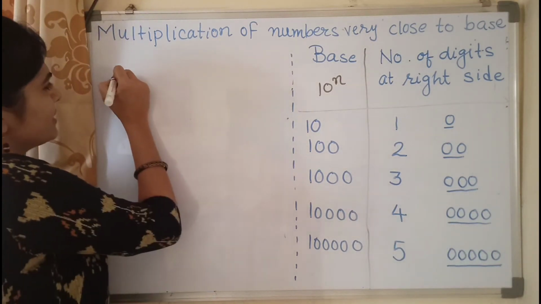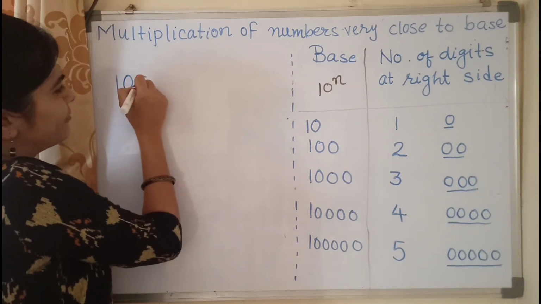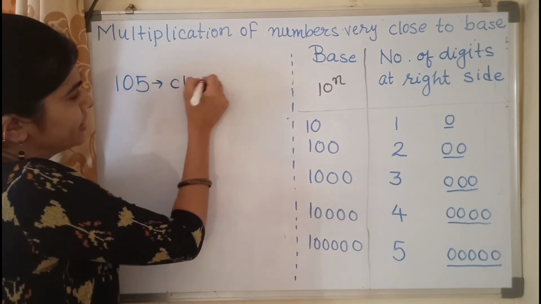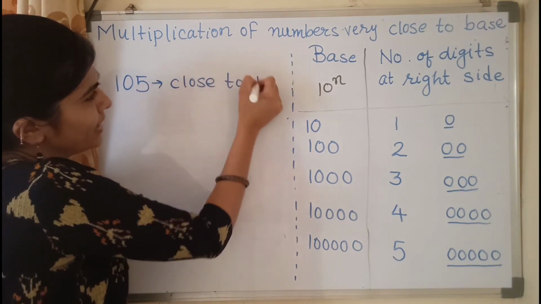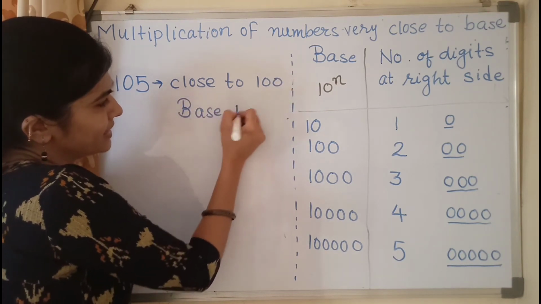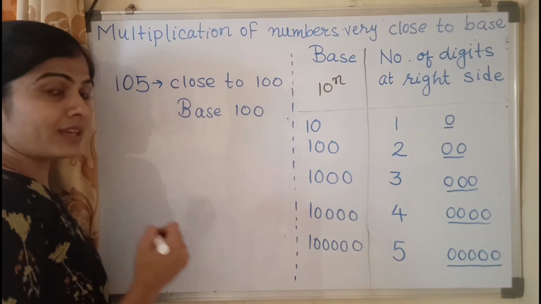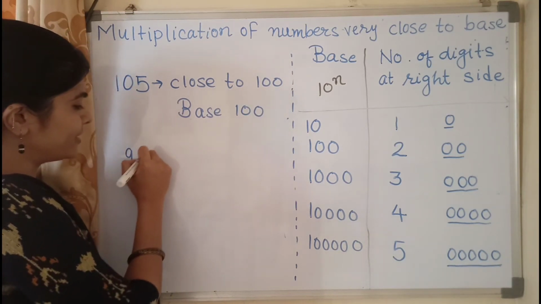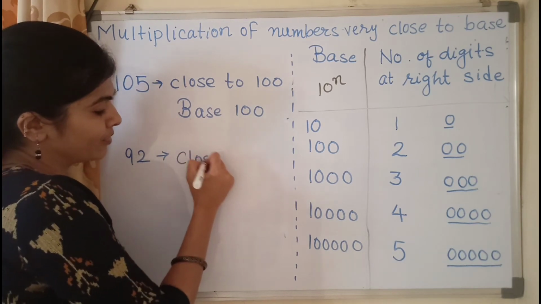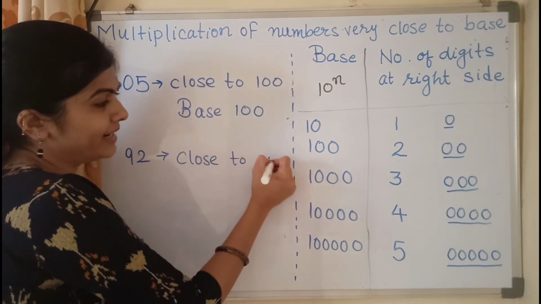First, let's consider a number 105. This number is close to what? It is close to 100. So we can say that the base is 100 in this case. If I say the number 92, now 92 is also close to 100.